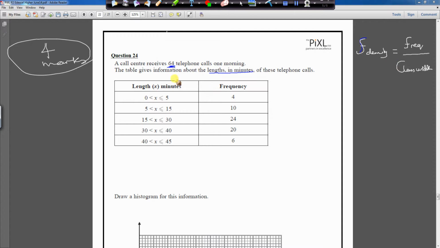What we're going to do here is put in our class width. So let's insert that, make a small addition to the table. We'll do it as a blue rectangle, starting here.